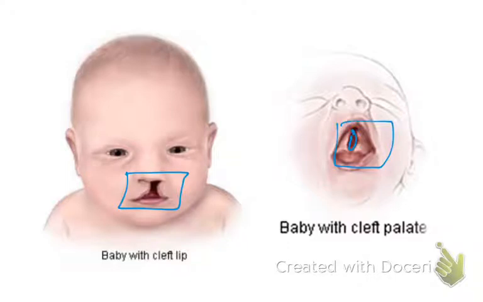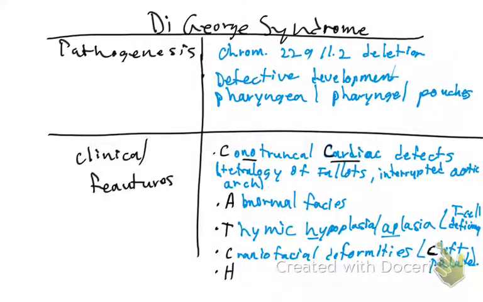But DiGeorge syndrome, which has the microdeletion of chromosome 22q11.2, can also develop these craniofacial deformities, cleft palate. And they can develop one more thing: hypocalcemia.